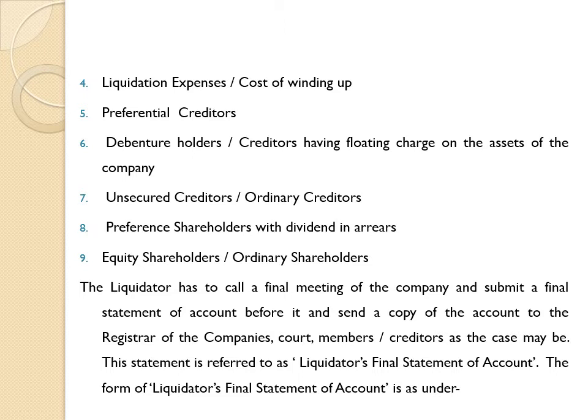Then unsecured creditors. It includes sundry creditors, bills payable, bank overdraft, outstanding expenses, part of secured creditors not paid, etc. Then preference shareholders with dividend in arrears. Then equity shareholders, that is, ordinary shareholders.